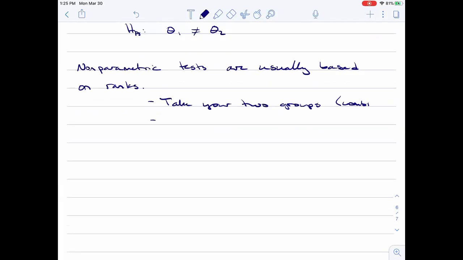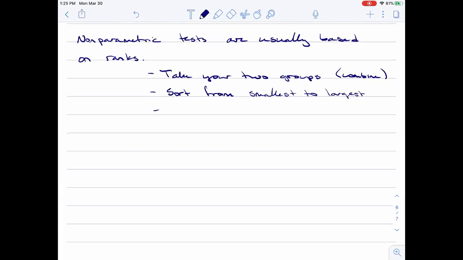Then you sort all these from smallest to largest, and from that, you can rank the observations.